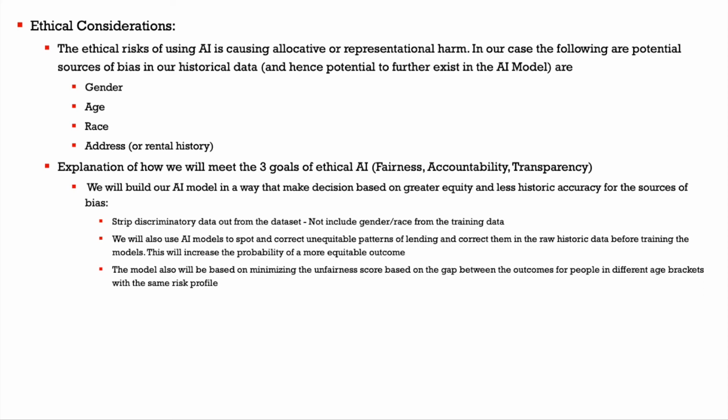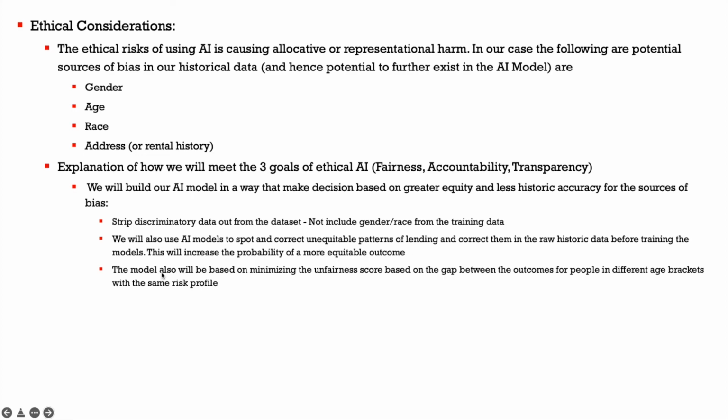Additionally, we will also use AI models to spot and correct inequitable patterns of lending before actually training our model, meaning use AI models to detect this information in the historic data. So this will increase the probability of a more equitable outcome.